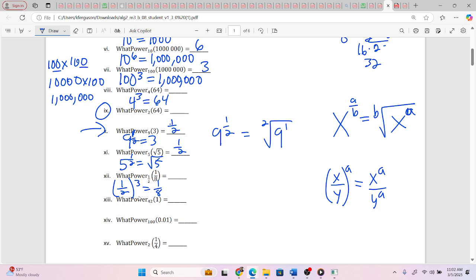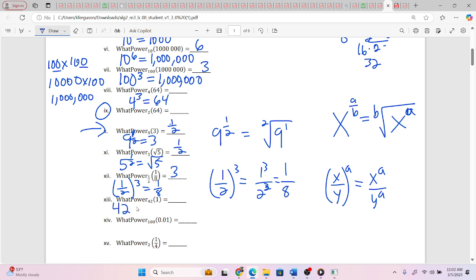I don't have to change positions or anything. So that's going to be 3. It's just straight up 3. Because 1/2 to the third power equals 1 to the third power over 2 to the third power. 1 to the third power is 1. 2 to the third power is 8.